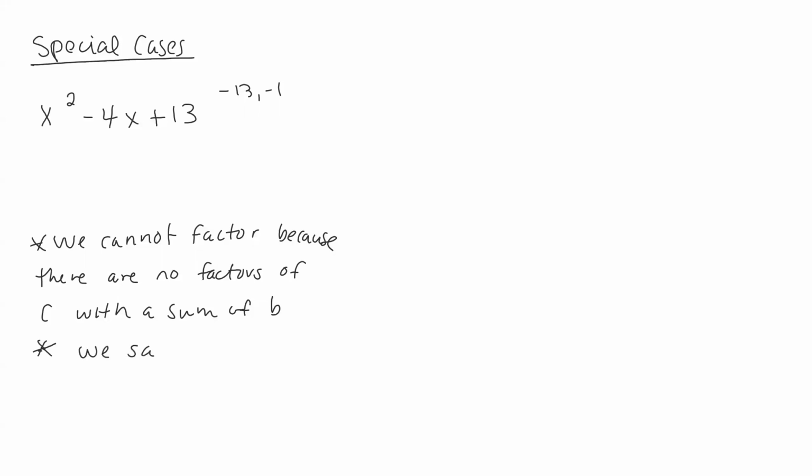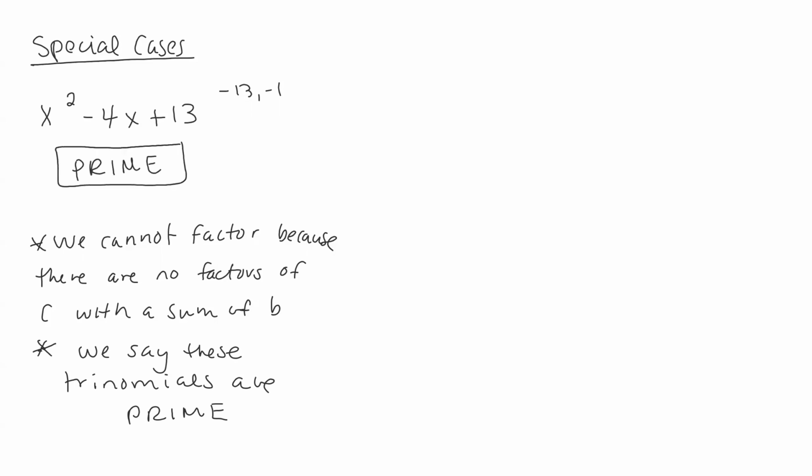We say these trinomials are prime. So if you have something that you cannot factor in this series of videos, so when you're factoring these polynomials, if something is not factorable, we would say it is prime. So this is a prime polynomial. It's perfectly lovely, it just can't be factored.